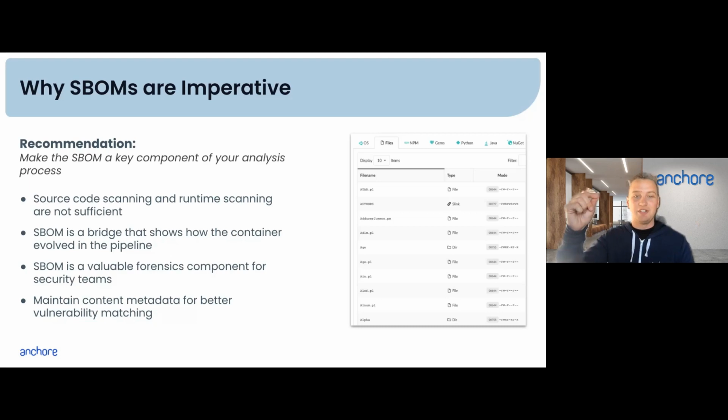This is my burn down list, right? Where I have to go track down all these different images and tags that are impacted by Log4j, and they sit within these specific repos. Okay, I can see this many are running, this many are sitting in my registry, all that good stuff.